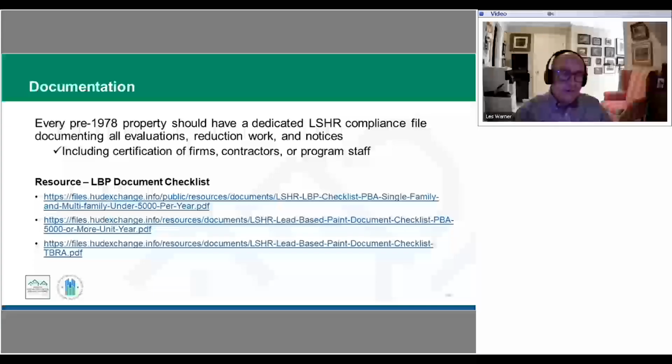As far as documentation, first of all, this applies to every pre-1978 property. So the first thing is documenting how you've identified what is a pre-1978 property versus what has been determined to be exempt because it's a post-1978 property. I think most folks are using the county real estate auditor's website that will list the construction date for properties.